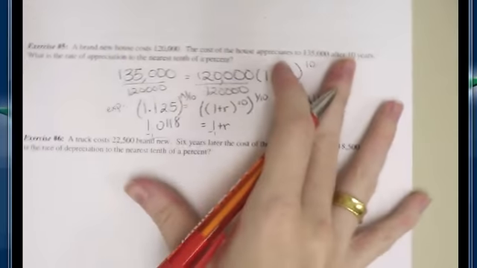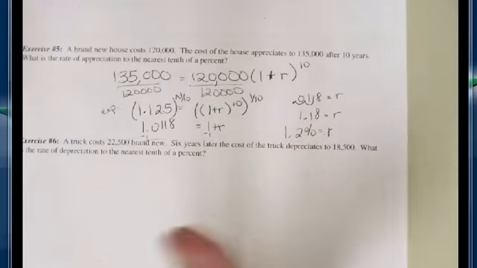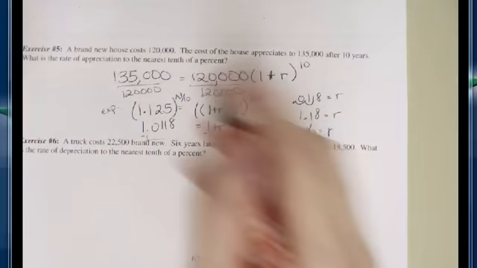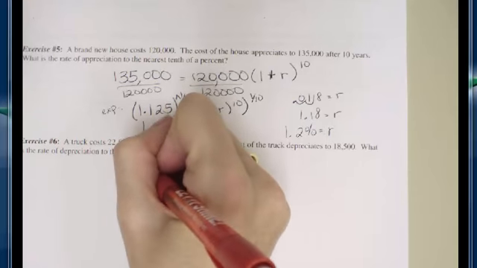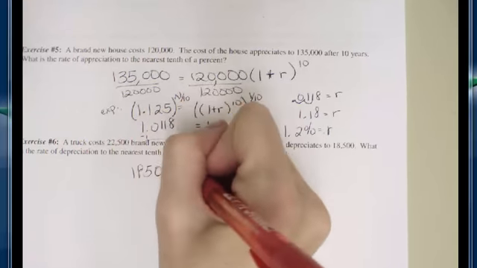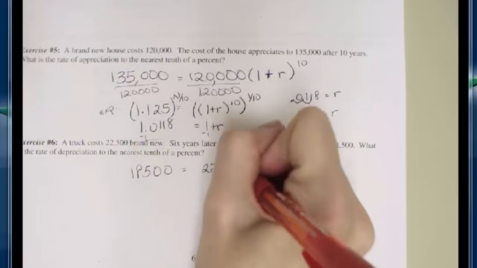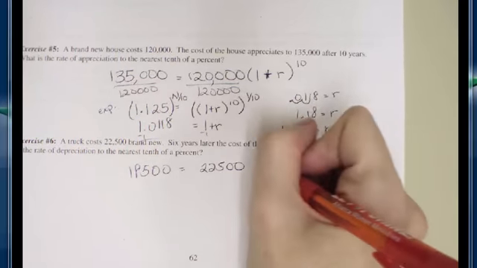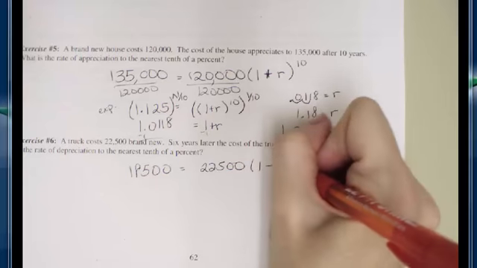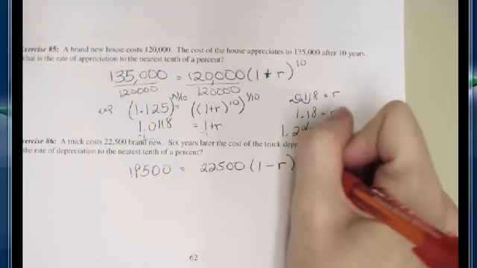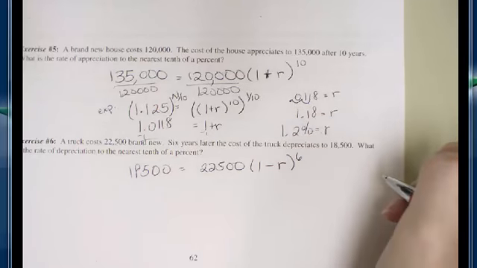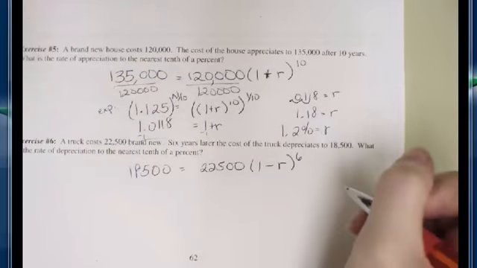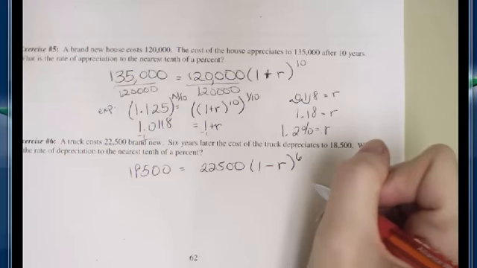Okay, next, brand new truck. So exact same setup here. The truck depreciates. Cars always depreciate. Houses go up. Now it's 1 minus r to the 6th. So in this one, first you would divide, then I want you to raise it to the 1/6.